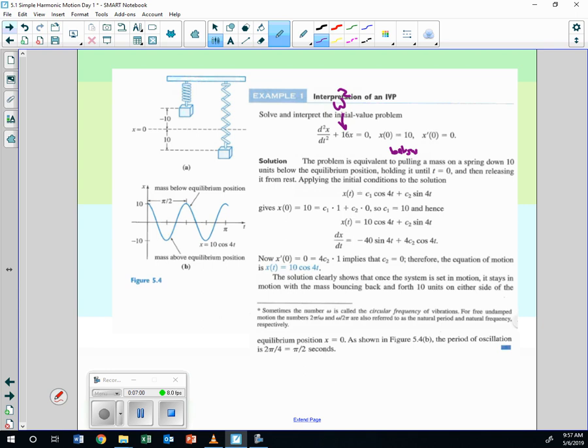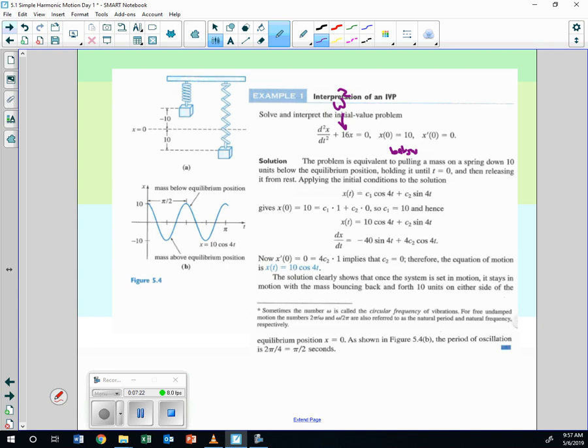They found C1 to be, is that 0? C2 is 0? No. X prime of t equals 0. Oh yeah, 4. So C2 is 0, but C1 is just going to be 10, I think.